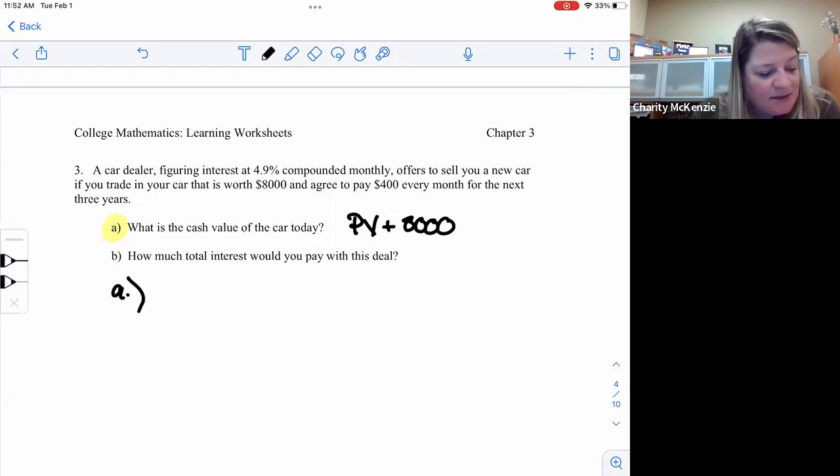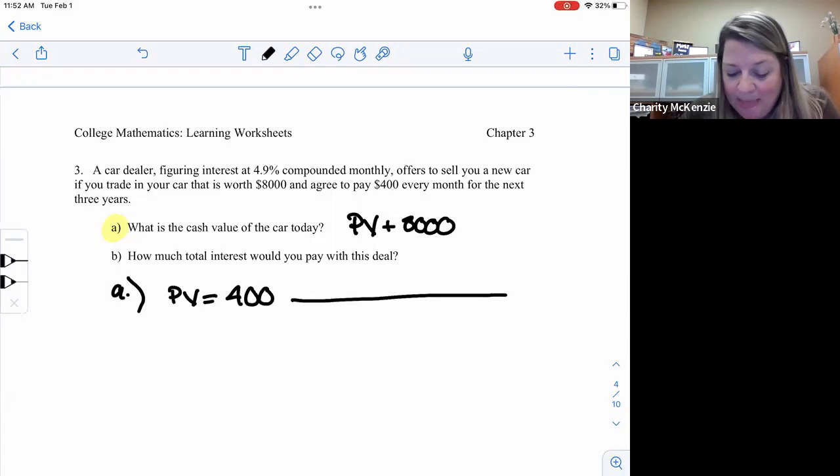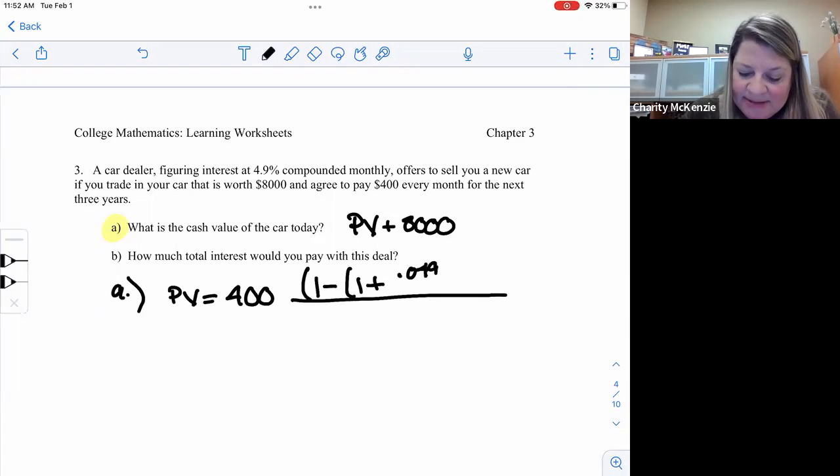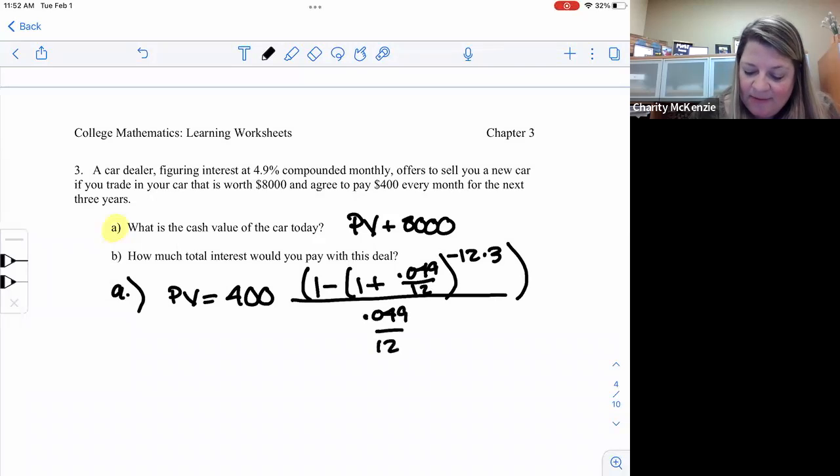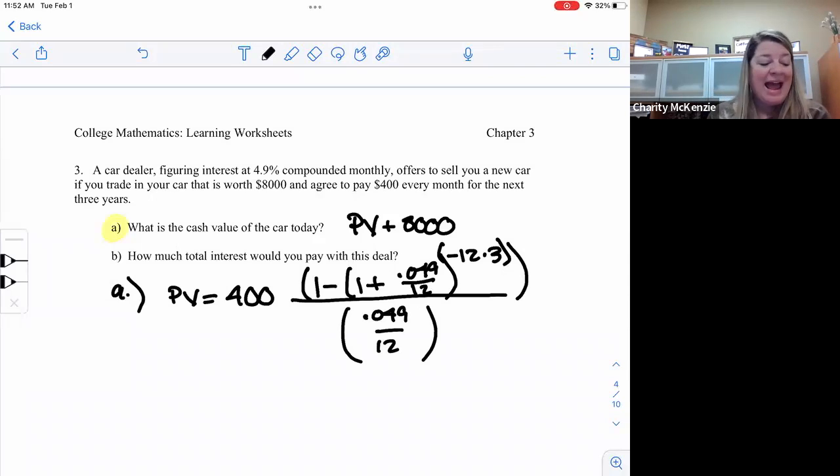The formula says take your payment, so present value is $400, and then times that by 1 minus 1 plus our rate, which is 0.049. Is this monthly? Yep, monthly. So 12 to the power of negative 12 times 3 years, and then in that parenthesis over 0.049 divided by 12. And then we're going to add the 8,000 on this.